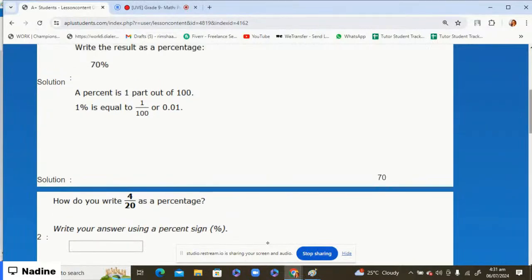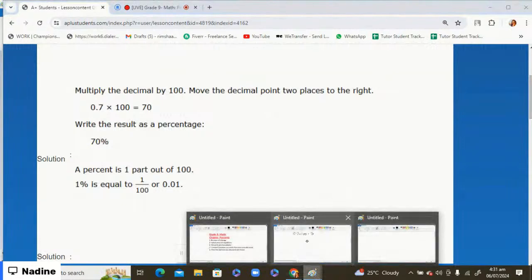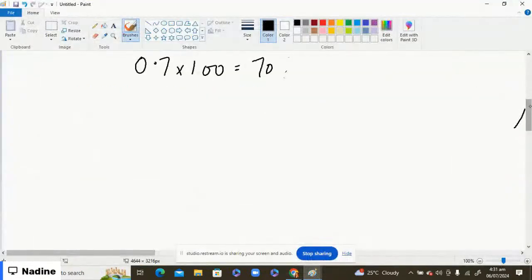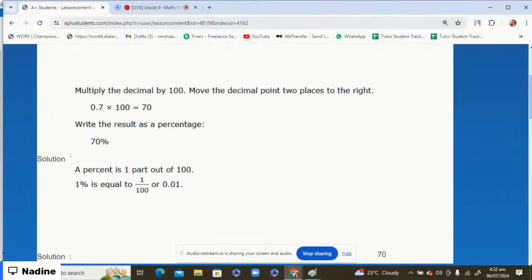Got it? If you have a decimal, for example, 0.93 converted into a percent, how do we do it? 0.93 just times 100, and this is 93%. This is in the case of decimals.